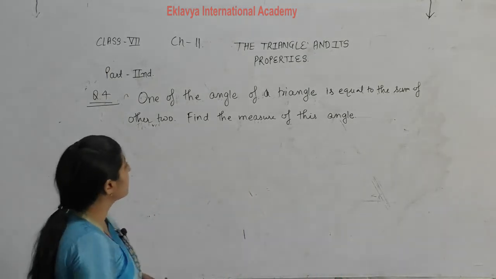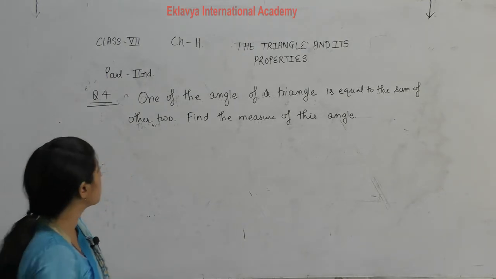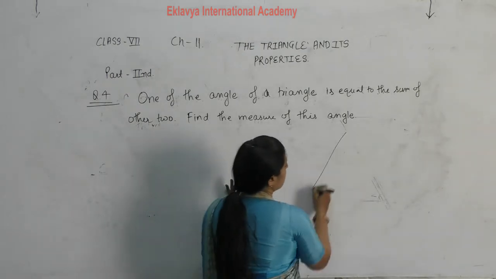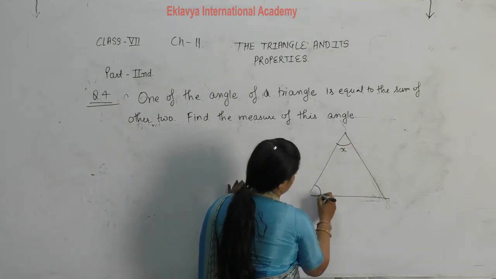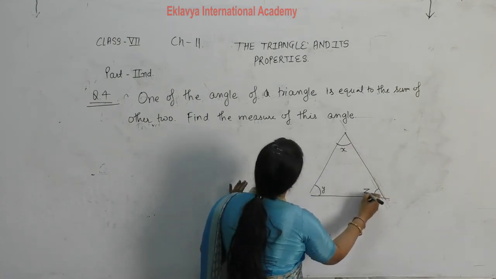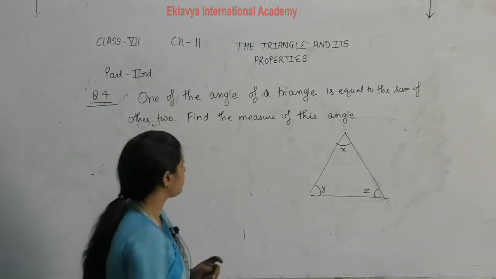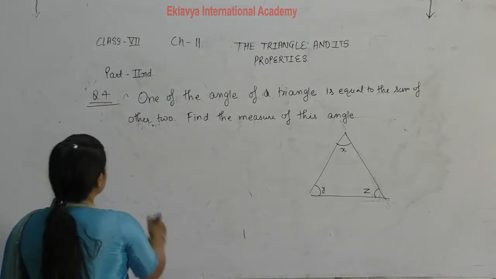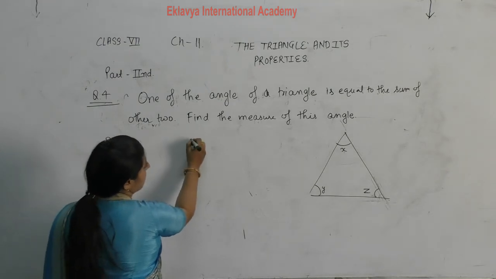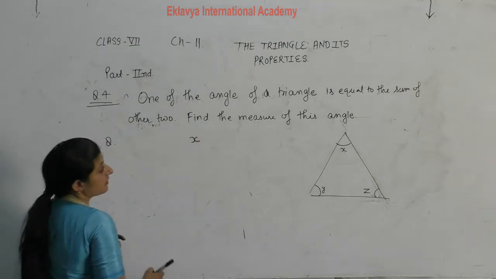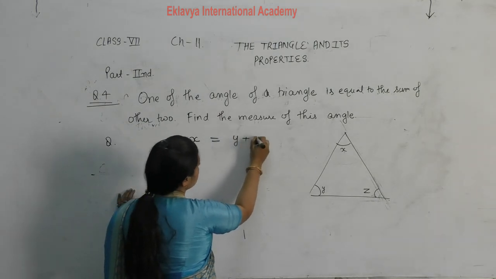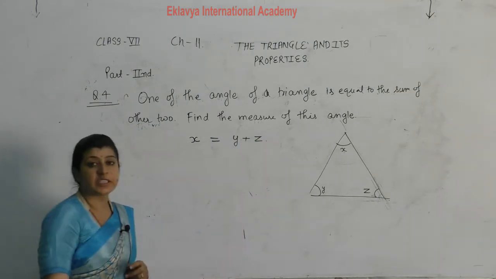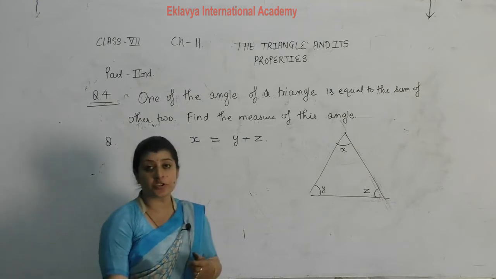See here, one of the angles of a triangle is equal to the sum of the other two. Suppose I take x, is equal to the sum of the other two. It means x is equal to y plus z. This condition is given to you in the question.